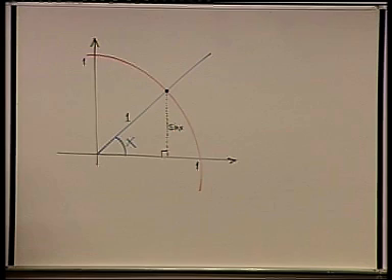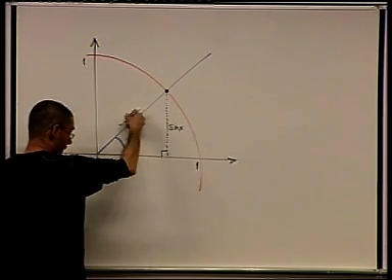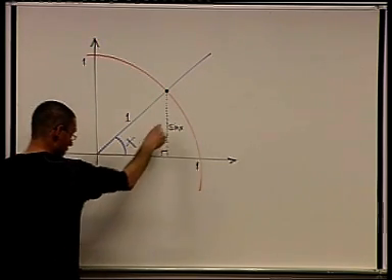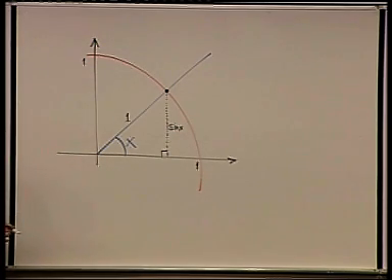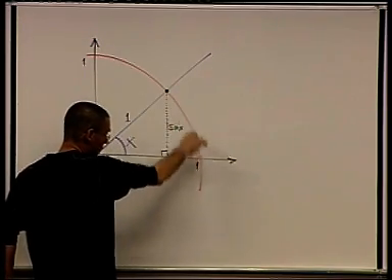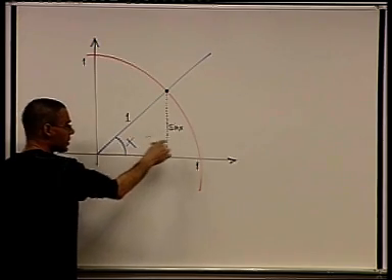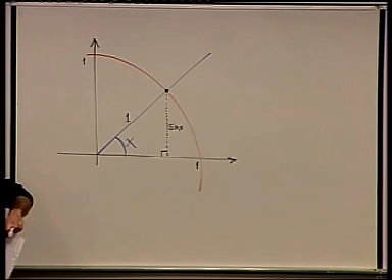Does everybody agree to that? Because sine of x is this divided by this, right? Basic trig. Sine of x is this divided by this. This is 1, so this is just sine of x, right? Now this arc, this orange arc here, if x is given in radians, what is the length of this arc? Do you know?